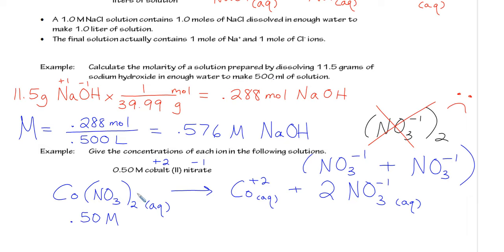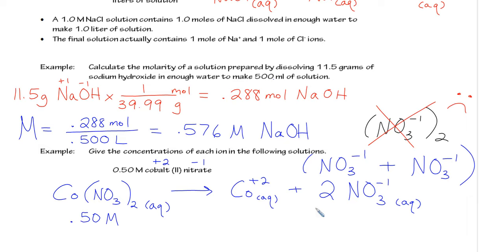Those 2 nitrates are separate. So your 2 options of noting that would either be to show 2 separate nitrate ions, or most of us would put the 2 out in front. And that shows 2 individual nitrates, not a little subscript 2 like in the compound.